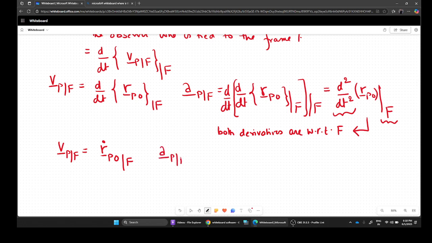Following this shorthand notation, APF can be written as a single dot, where again the implicit understanding is that there are two derivatives involved here of RPO. One is this frame F, and another derivative is represented here. Both derivatives are with respect to the same frame F.